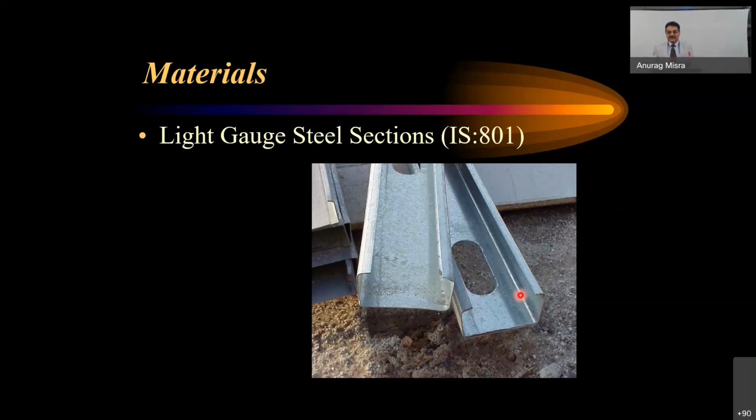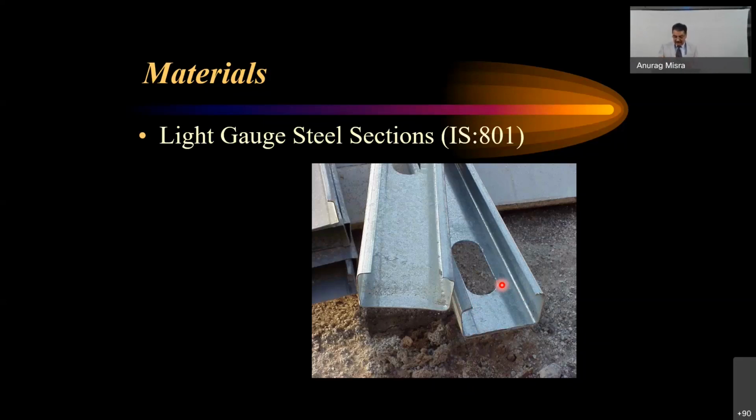So these days CNC machines are available, or even rolling machines, where the straight sheet goes in, and while coming out from that side, it gets into the C-shape or Z-shape form, depending on what kind of machine you are using.